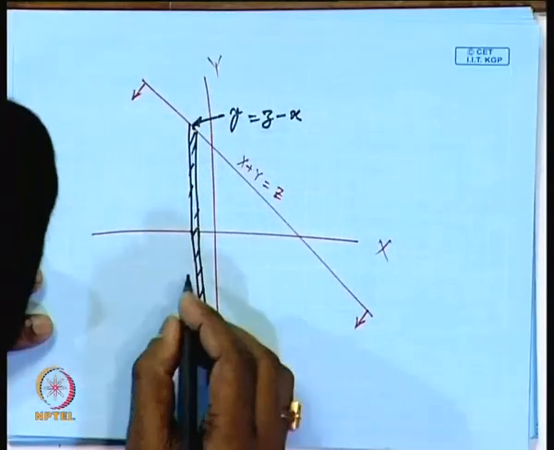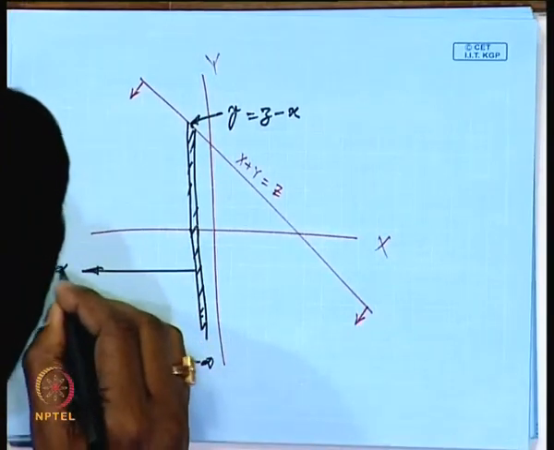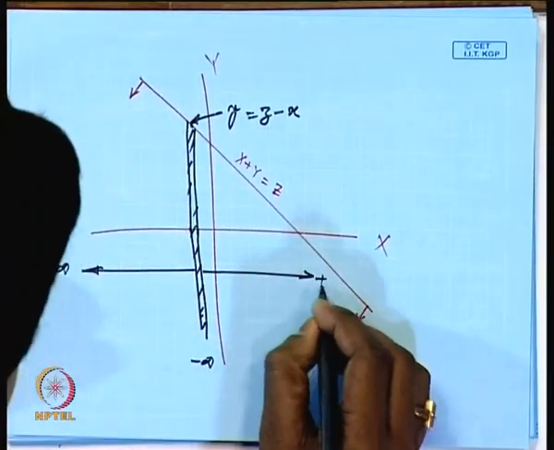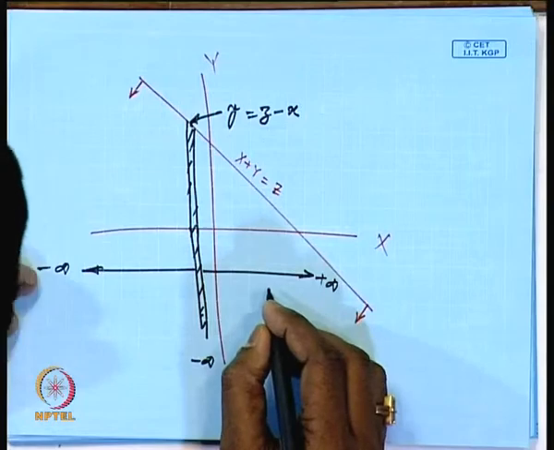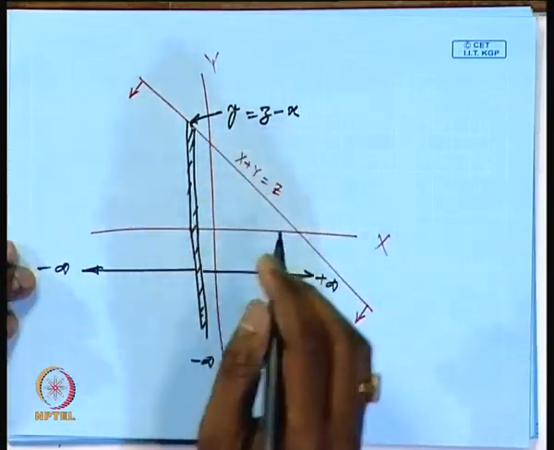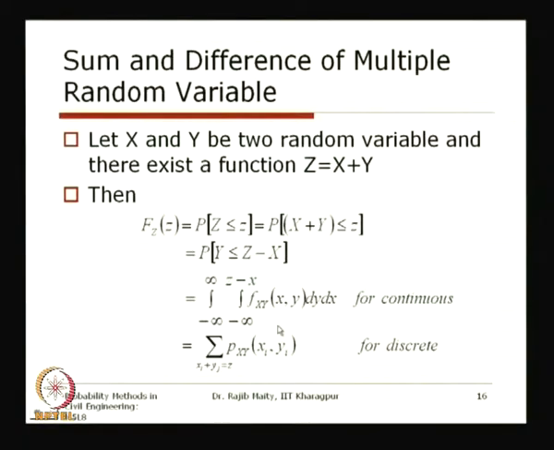Now, this strip you are basically taking from minus infinity to plus infinity, so this is the range for x. With respect to this diagram, if you see this equation, then it will be more clear. For y, it is minus infinity to z minus x, and for x, it is minus infinity to plus infinity.